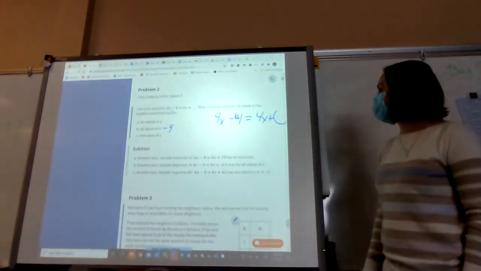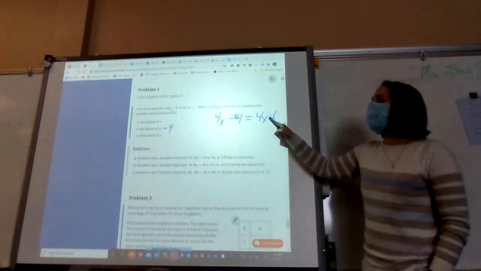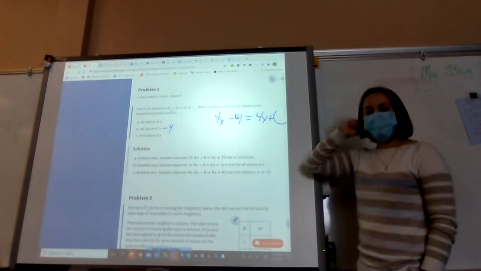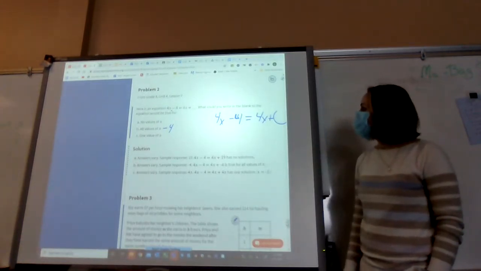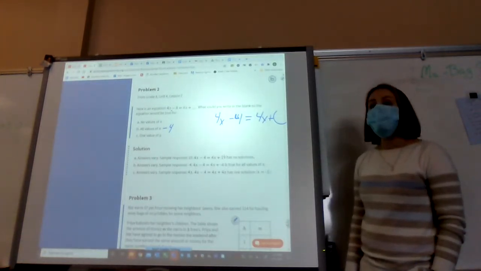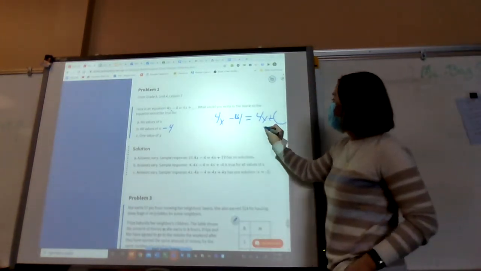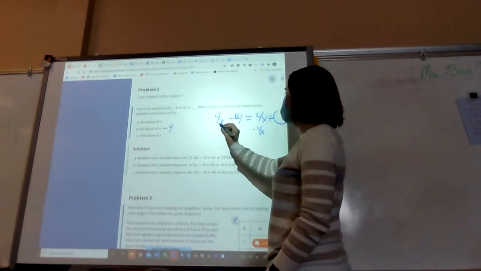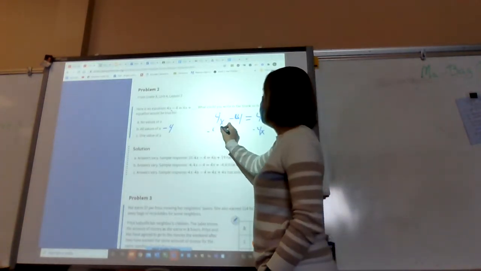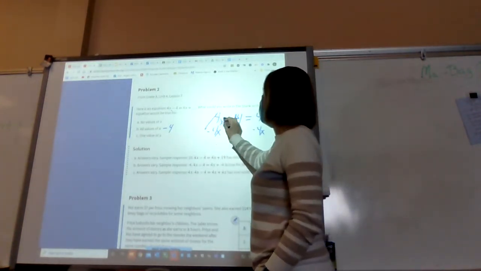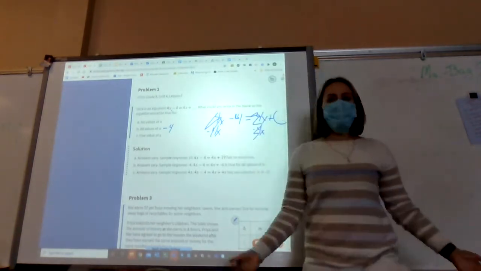If we're going to solve this, what's one thing we need to do? How could we start? Take the 4x from one side. If we subtract 4x here, what do we have to do here? They're the same. We're going to subtract 4x, and then all of a sudden it's negative 4. We don't have any x's at all.